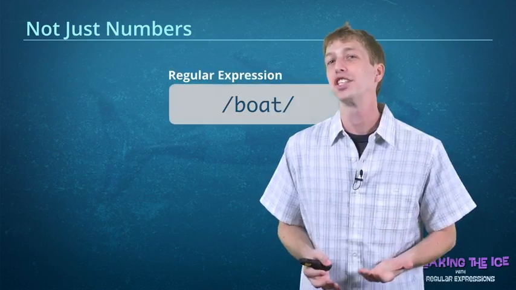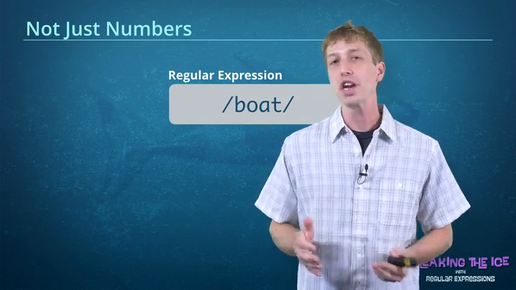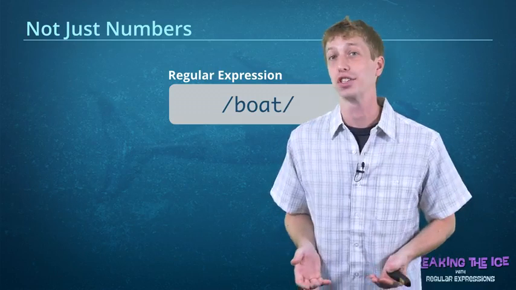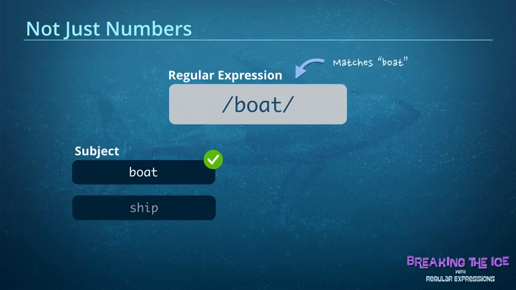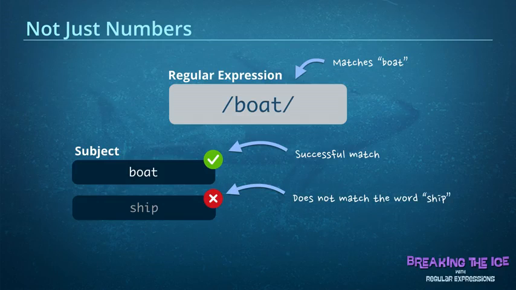Now, the Regex engine doesn't necessarily just match on numbers. We can also match on letters as well. So here, we're using a regular expression literal boat, which literally matches every single character in the word boat. And we have our subject, boat, as well, and we get a positive match. However, if we bring in another subject, such as ship, we're not going to get a match with boat because boat and ship are two different words.